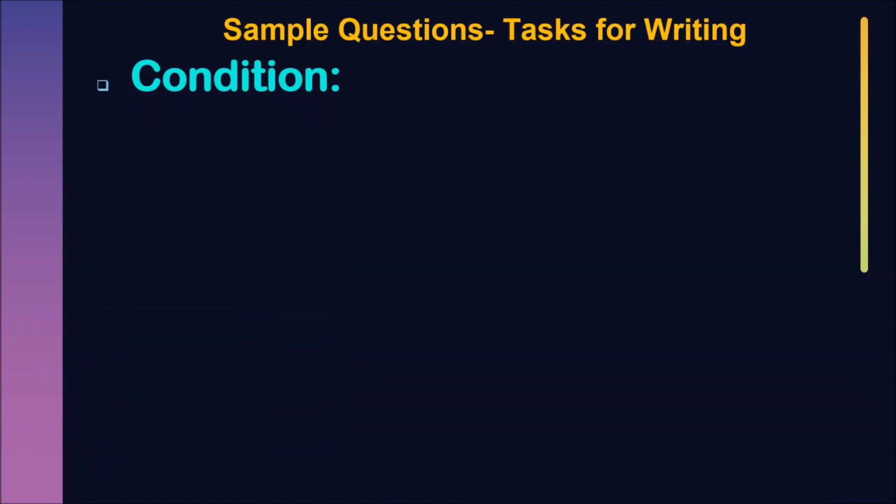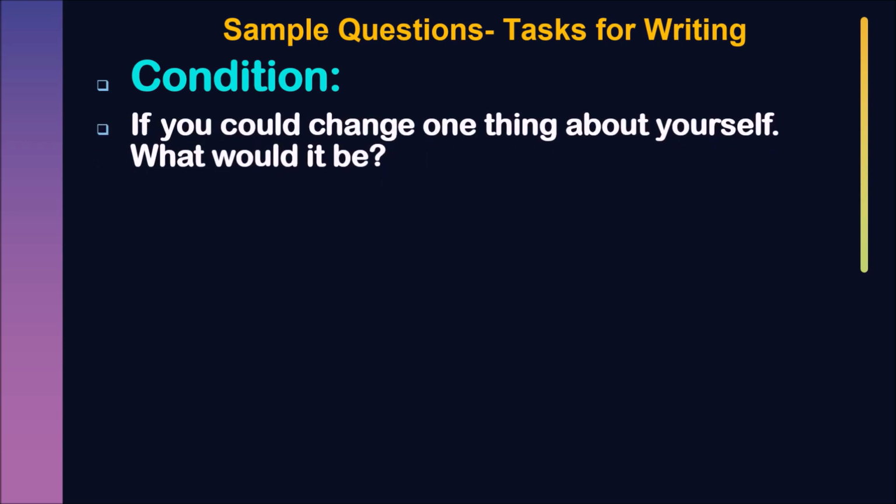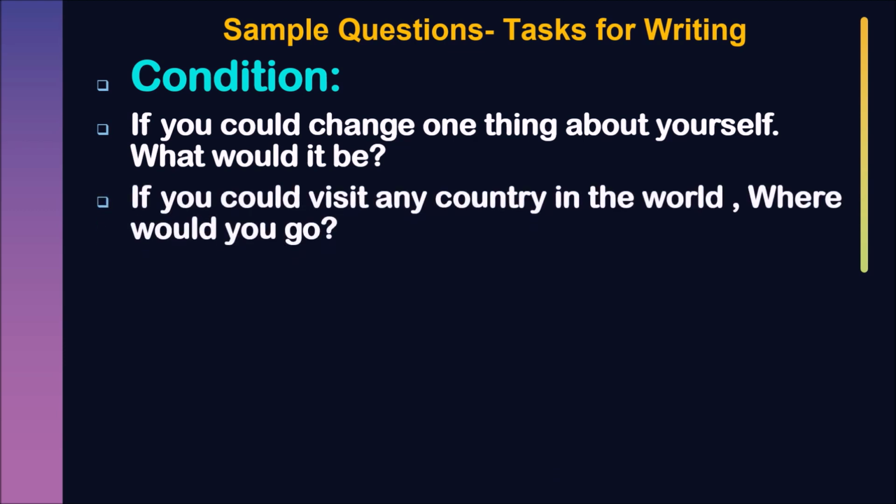Now here is another question related to condition, and here are some funny and very interesting tasks for you. You can give practice to the children. If you could change one thing about yourself, what would it be? If you could visit any country in the world, where would you go?